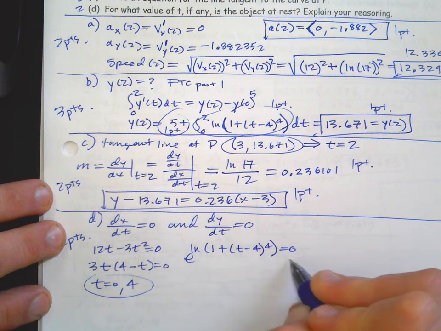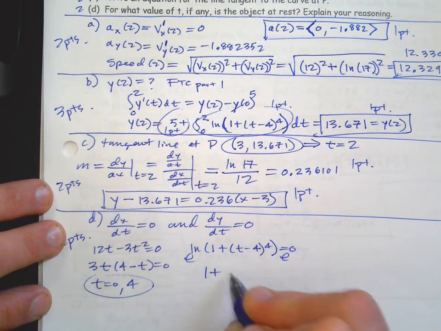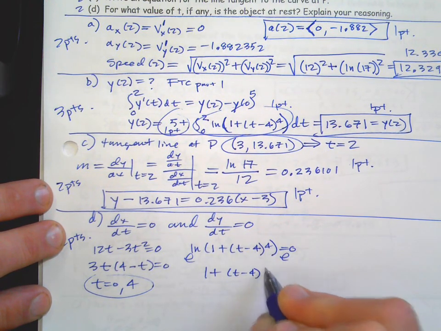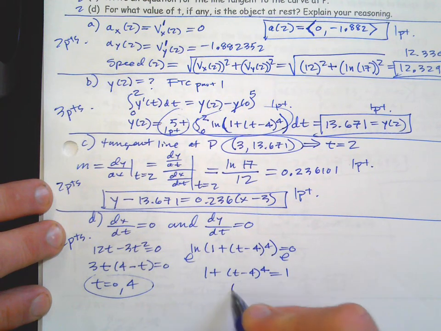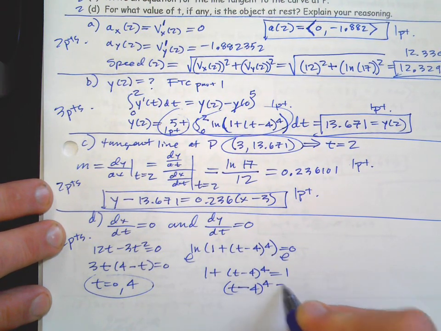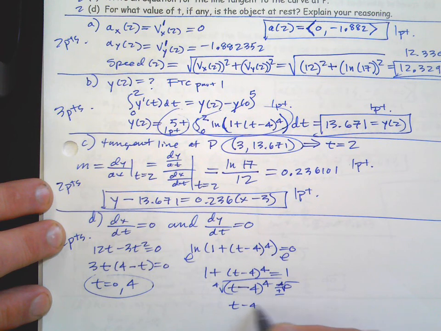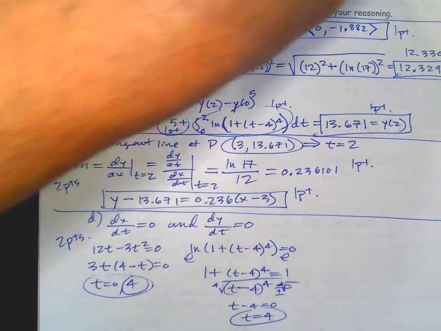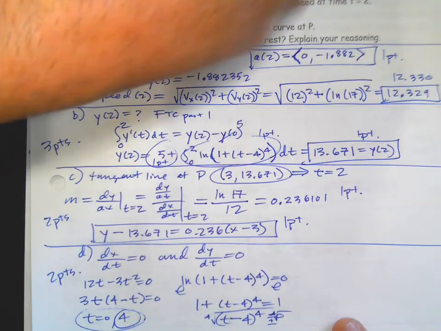And we could exponentiate both sides. You can use your calculator to do this, but this one turns out pretty nice. So we have a time show up in both of them. So I guess that's where it's at rest.